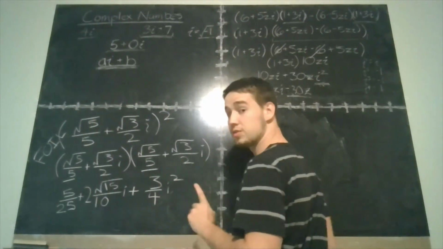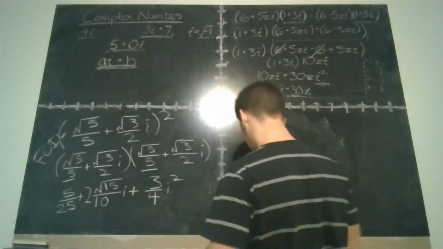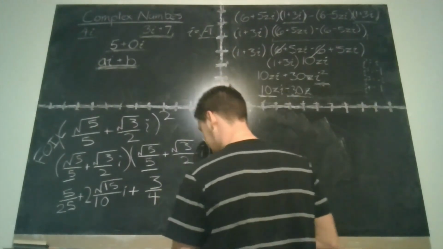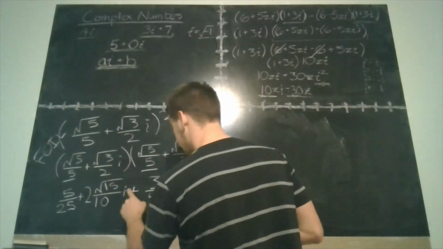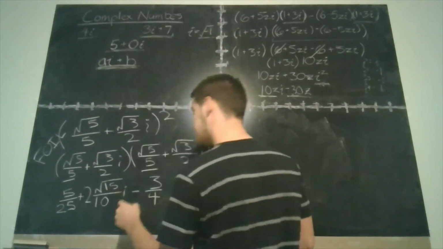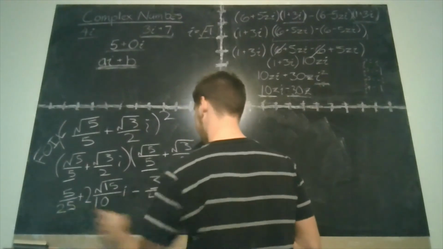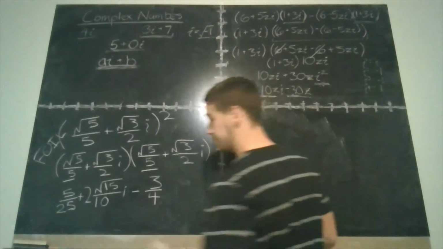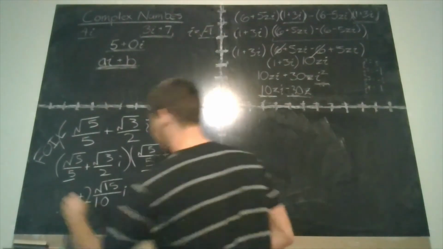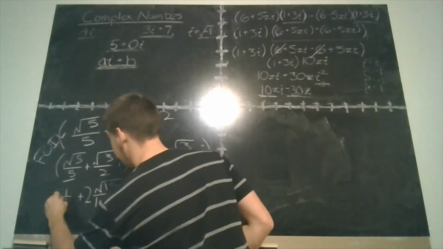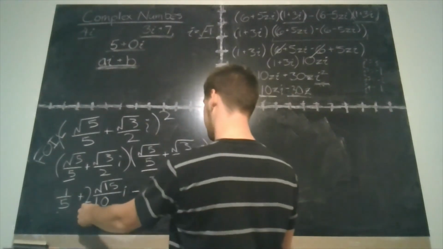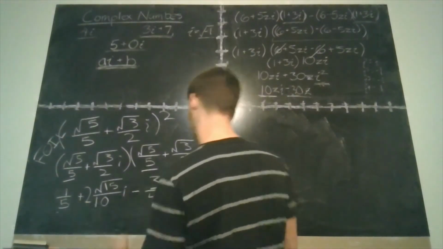But as we learned last time, i squared can wrap around to become a negative, so that the i squared kind of dissolves into a negative sign. So now we have 5 over 25, which really, if we do a little bit of division, is 5 over 5 times 5, which is 1/5, minus 3/4, plus all this nice juicy i stuff.